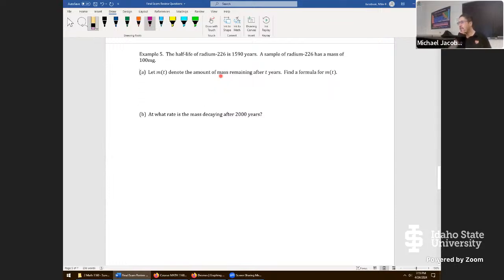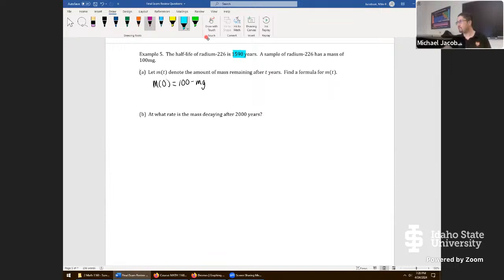It starts off by saying half-life of radium-226 is 1,590 years. A sample of radium-226 has a mass of 100 milligrams. That's an initial mass, so we might start off by saying mass at time 0, 100 milligrams. Half-life is 1,590 years, but that also gives us the decay rate.